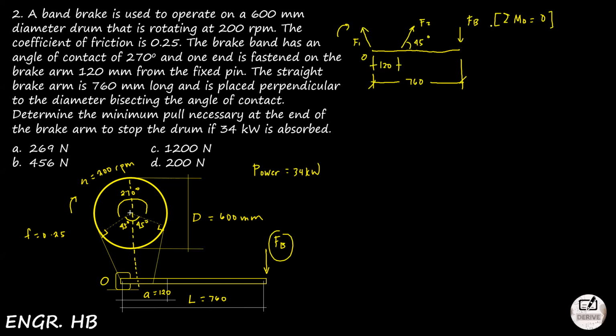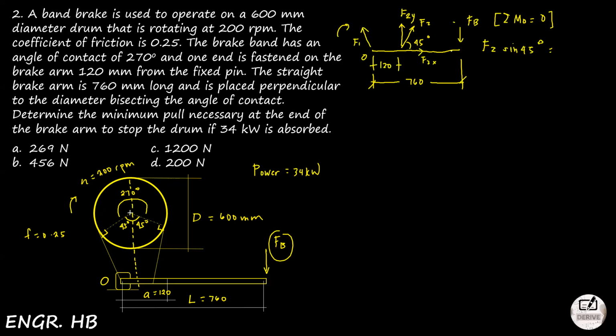Kasi nasa point O siya, so that will become F2, disable ang horizontal ng F2, so that will become sine 45 degrees. Anyway, sine 45 is also equal to cosine 45, pero kapag iba na yung degrees, yari na. So that's why important. Kasi meron ka diyang dalawang component, di ba? Kaya ang sabi ko sa inyo, kailangan ng mechanics dito. So that will come F2y and this is F2x.